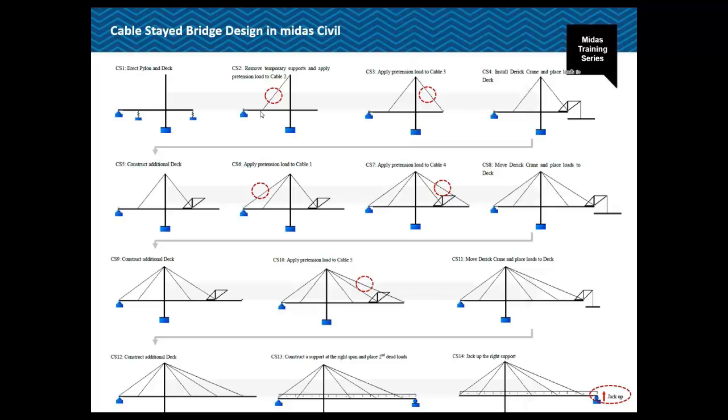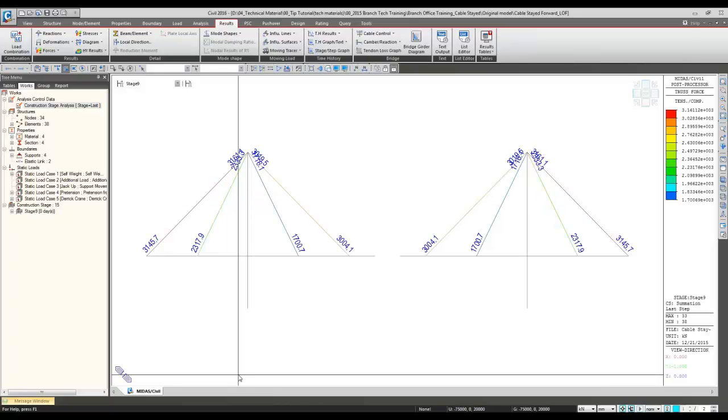So for the unknown load factor, we need the unknown factor for stages 2, 3, 6, 7, 10, and 14.